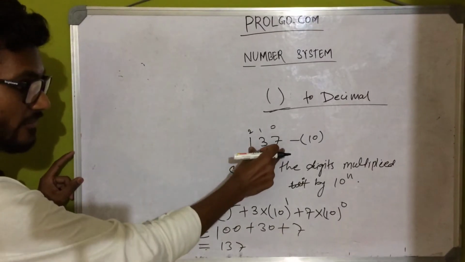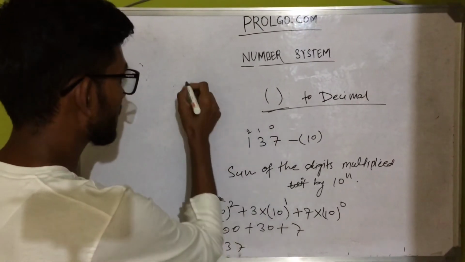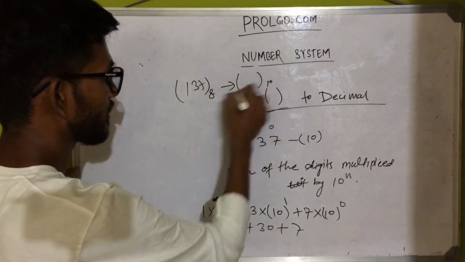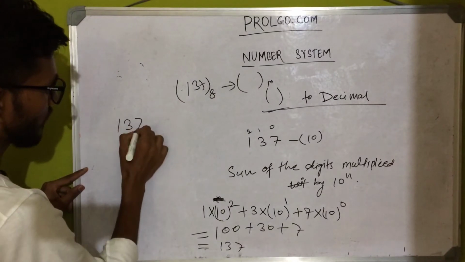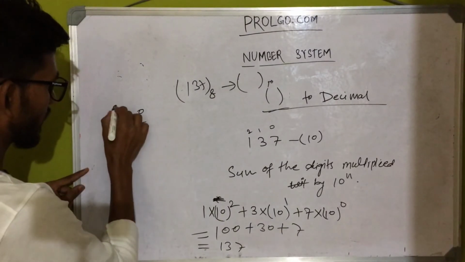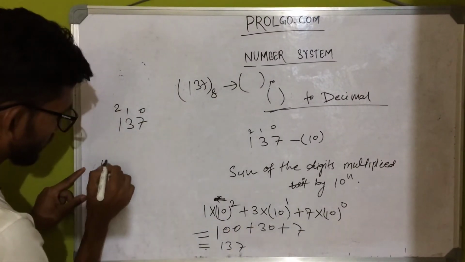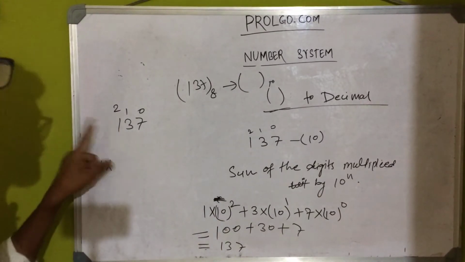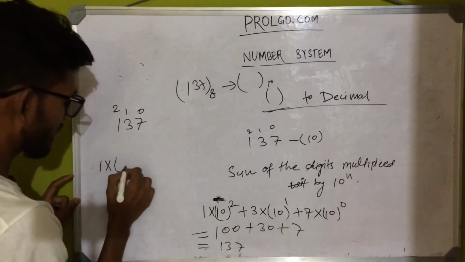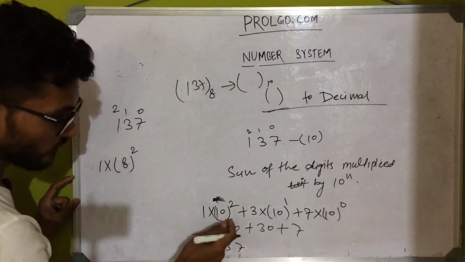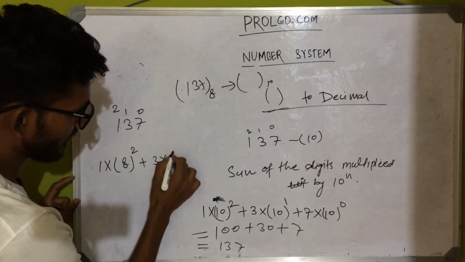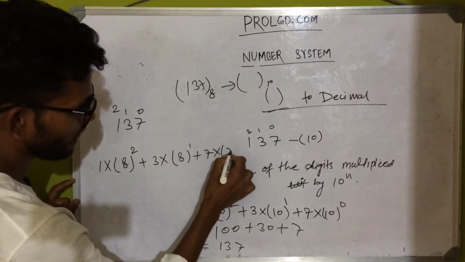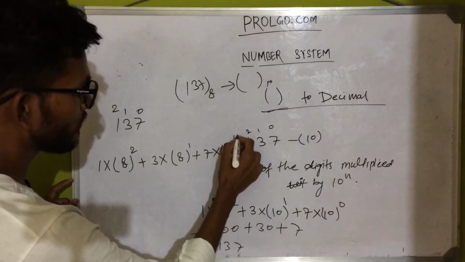If someone says this 137 is in octal, convert it to decimal. We will take the positions as 2, 1, 0. Same as before, 1 times, this was decimal, but now we have an octal number, so we take 8 to the power 2, plus 3 times 8 to the power 1, plus 7 times 8 to the power 0.